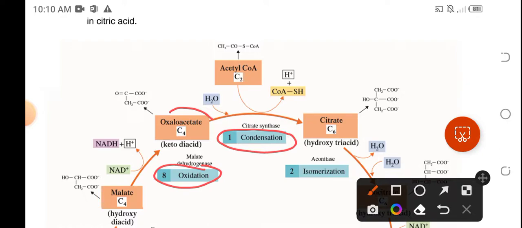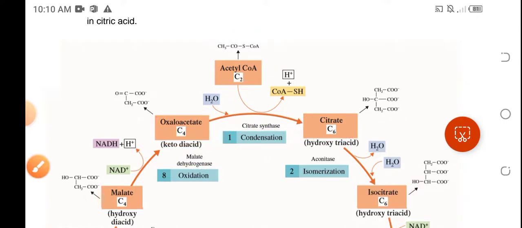So ito yung product dun sa eighth reaction, which is the last reaction sa naunang cycle. Gagamitin siya to react with the acetyl-CoA that will enter the cycle. So you need acetyl-CoA to enter so that oxaloacetate will be formed into a citrate.